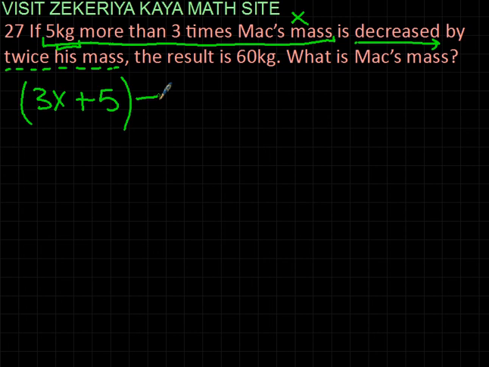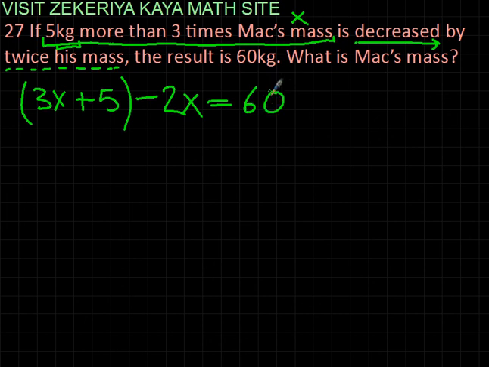So it should be 5 more than 3 times his mass. Then if this is decreased, it means minus. Decreased by what? Twice of his mass. How can I write it? As 2x. So when I decrease it by twice of his mass, the result should be equal to 60.